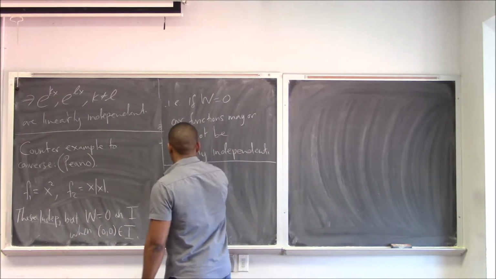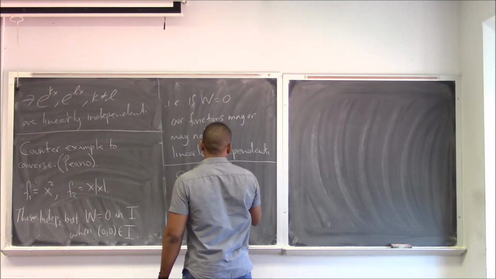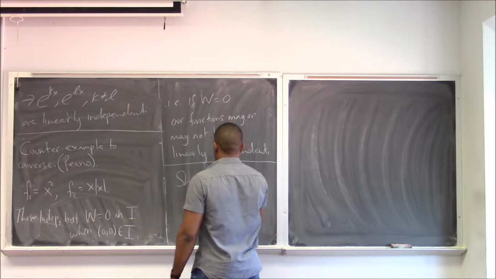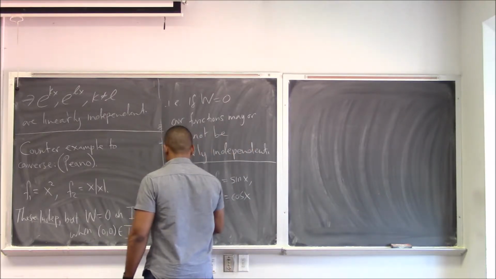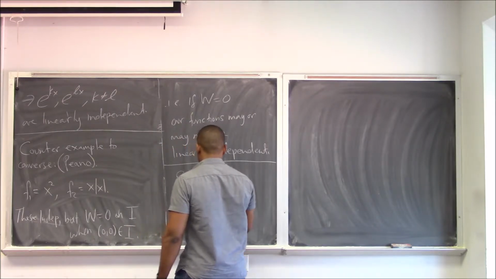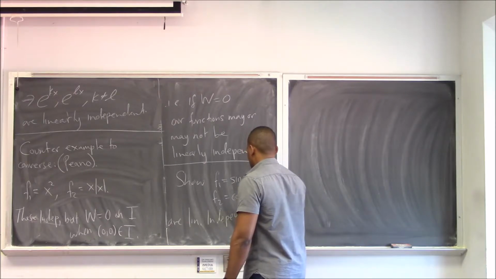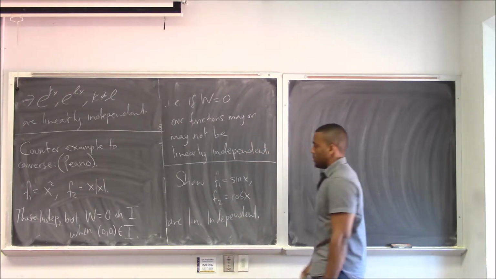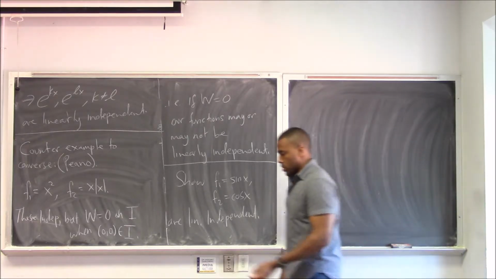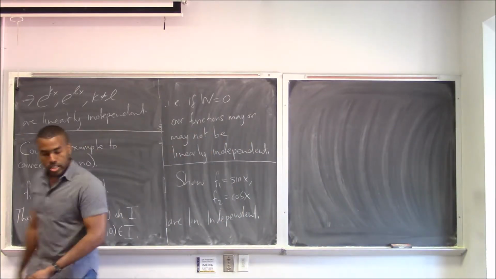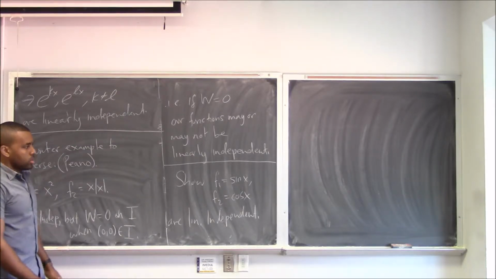Let's say I give you these two functions. Show f1 equals sine x, f2 equals cosine x are linearly independent. You could go about this directly, say c1 times sine plus c2 times cosine equals 0.